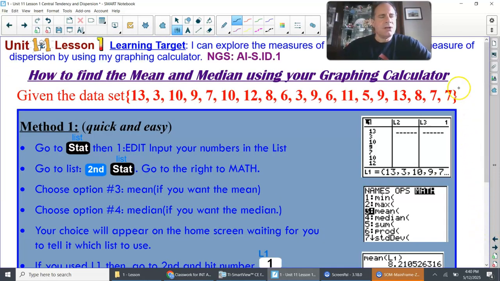So in this lesson, how to find the mean, which is the average, and the median, which is the middle number, using your graphing calculator.